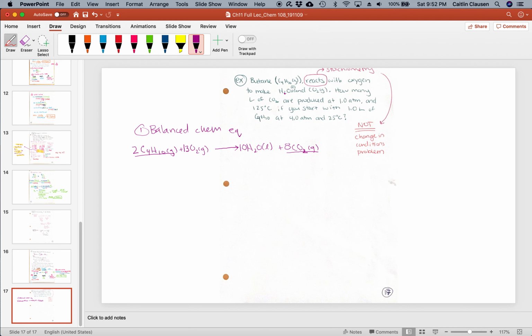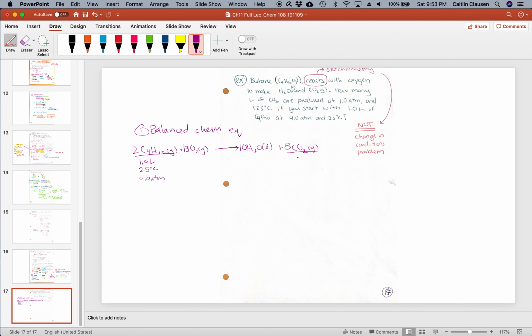So we know that butane, we started with 1.0 liters of butane at 25 degrees Celsius and 4.0 atm.